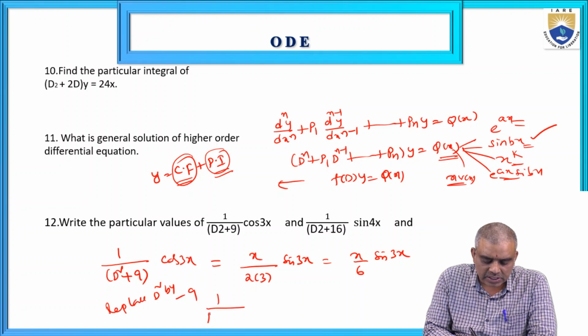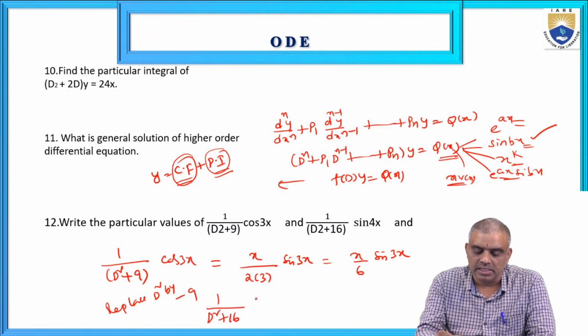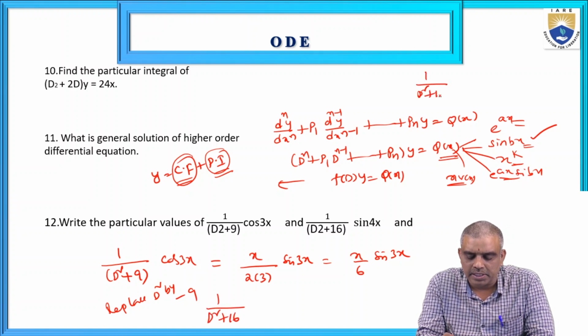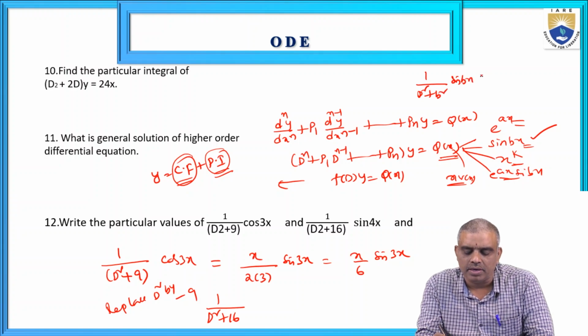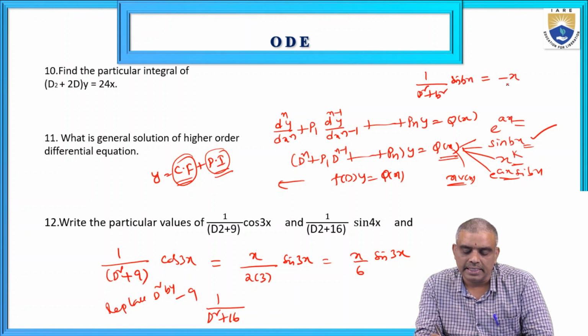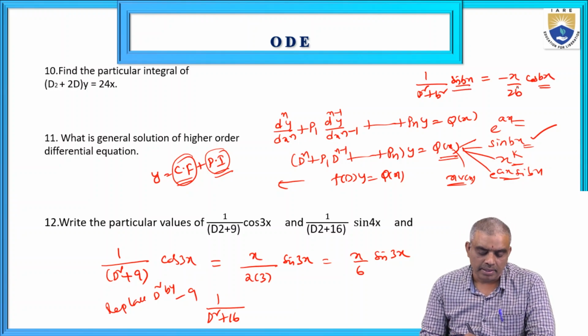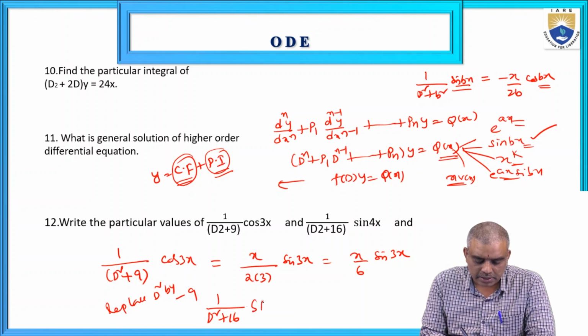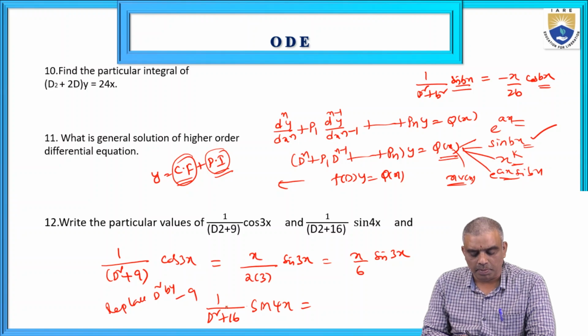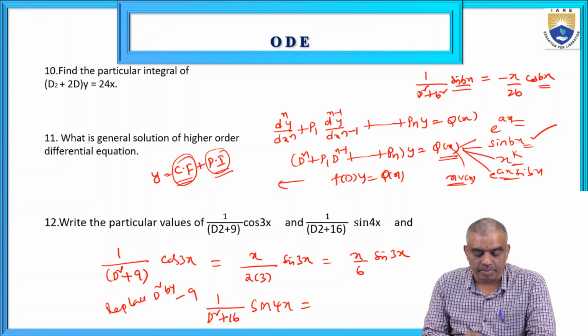Similarly, 1 by D square plus 16. What is the formula? 1 by D square plus b square of sin bx is equal to minus x by 2b cos bx. If it is cos bx, then it is sin bx with positive sign. So for 1 by D square plus 16 of sin 4x, when you replace D square by minus 16, it will be 0.